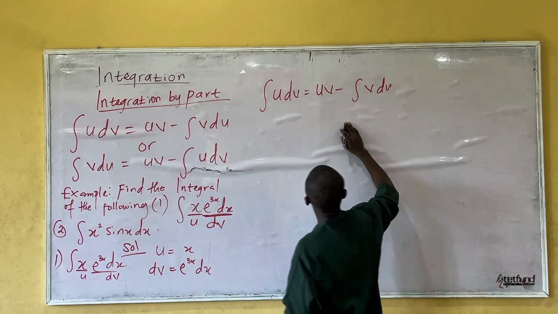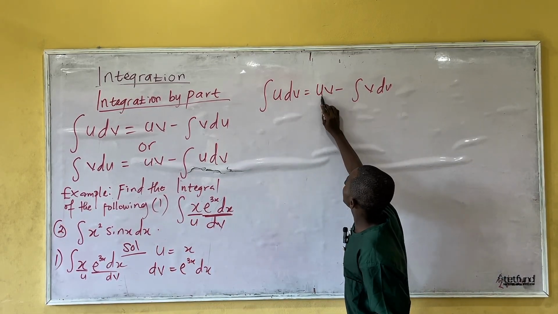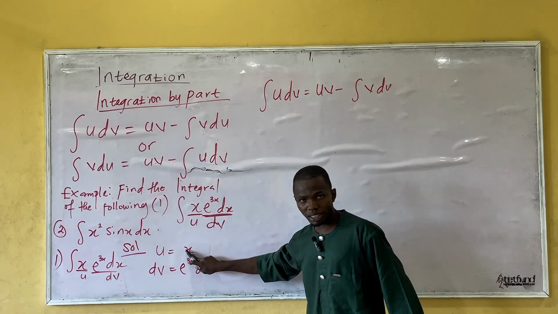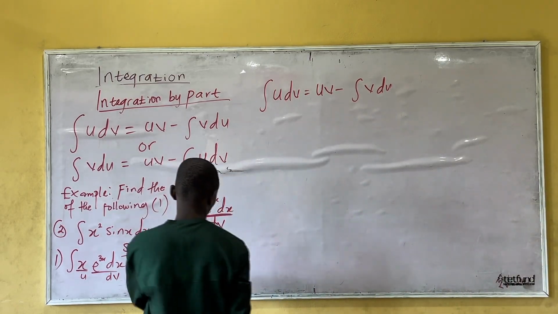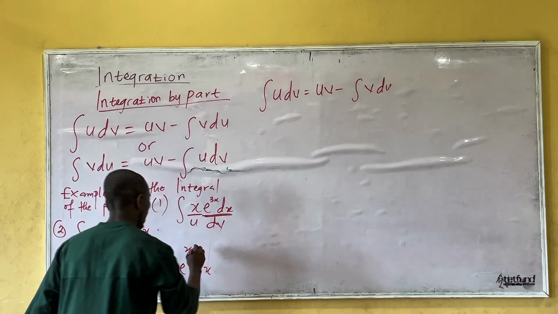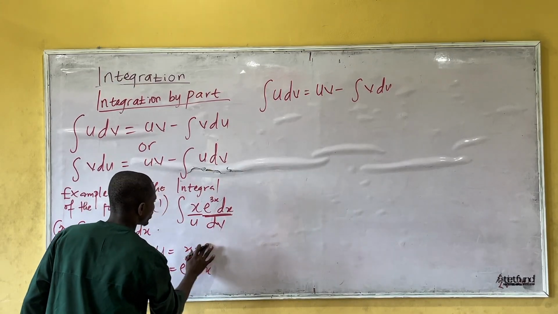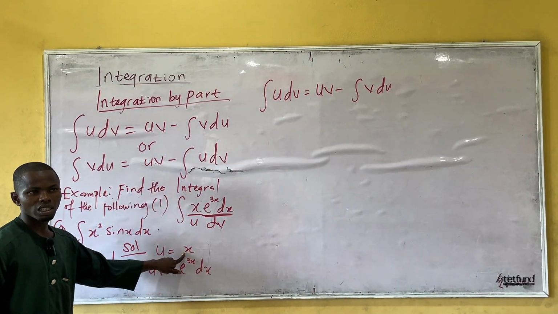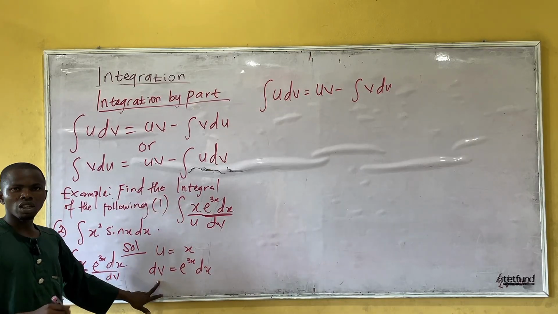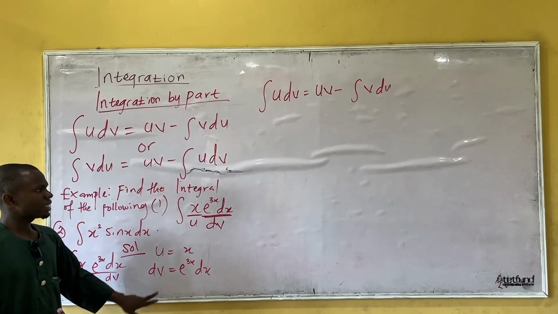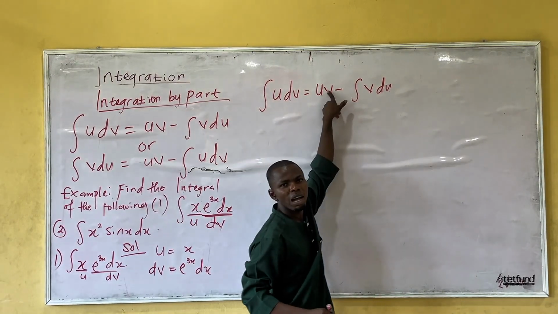So in the formula, my u is x, but I will need du. From this u, I can generate du. Now, I'm given dv. From this dv, I can generate v, because I need v in my formula.